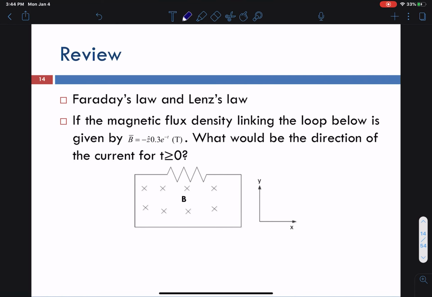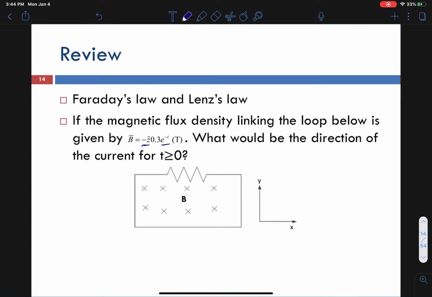And for this one over here, this flux is in the negative z direction, but is decreasing, exponentially decreasing in the negative z direction. So to oppose that decrease, your induced current should produce a flux that increases in the negative z direction.